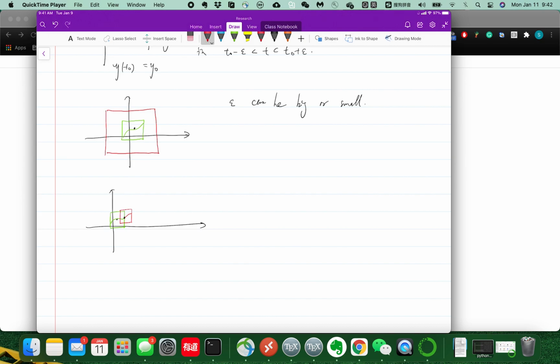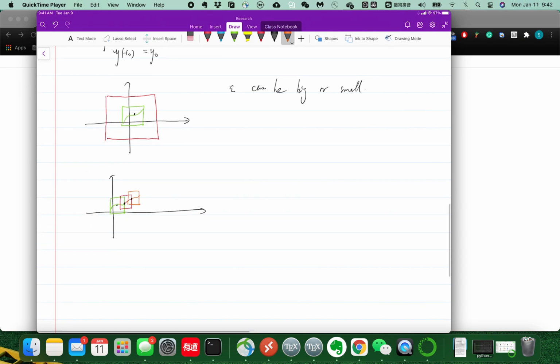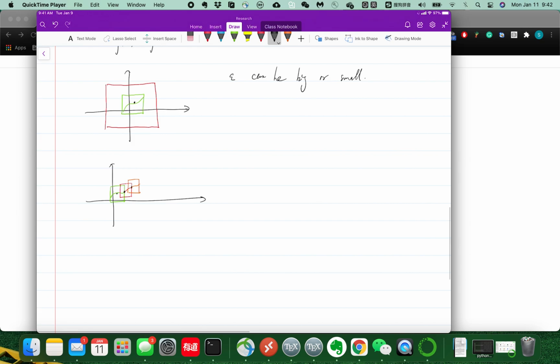Then you pick a point and repeat the analysis: check the derivative around, and if it's nice in this rectangle, you can extend the solution again. So if the derivatives are nice in general, you can extend the existence of solutions all the way to a very, very wide interval. In general, this is not too much trouble, as long as your derivatives are nice.